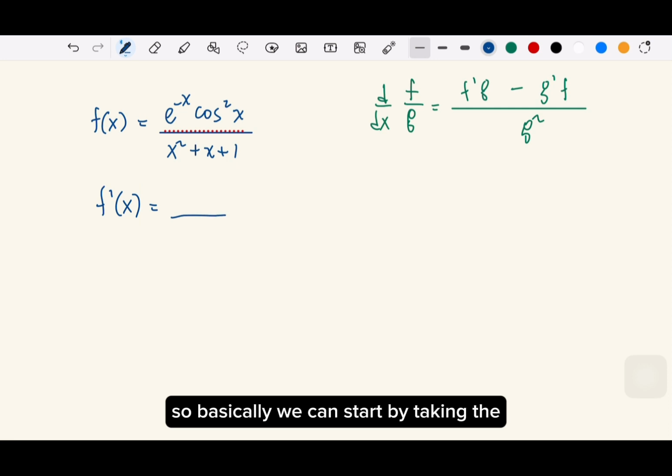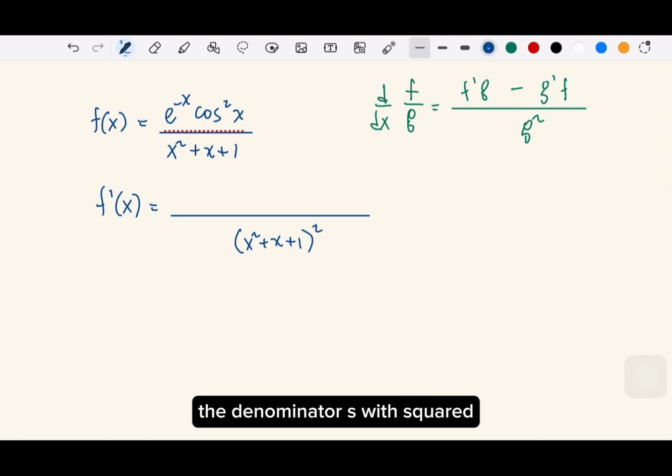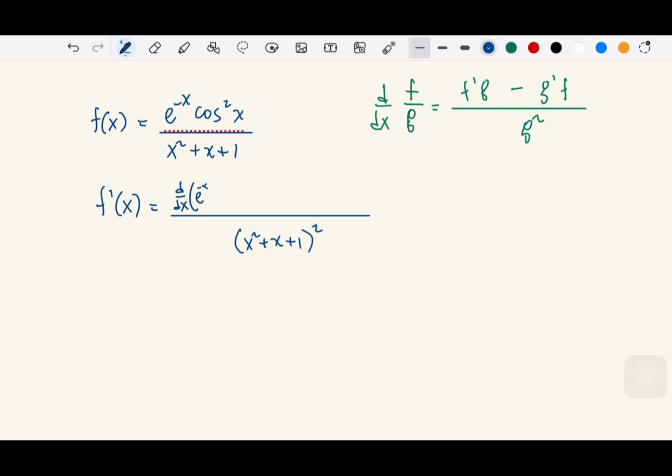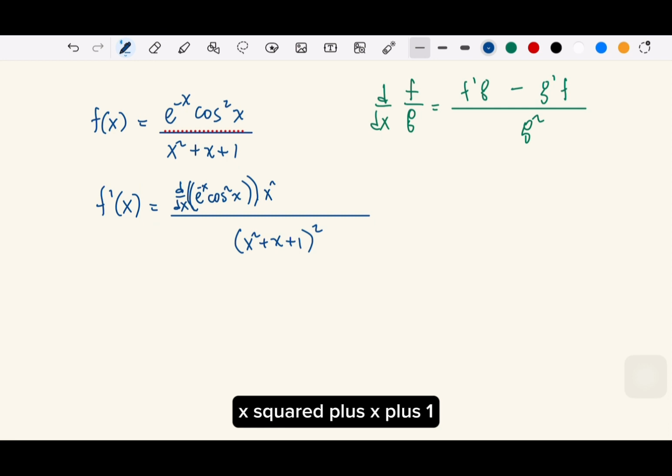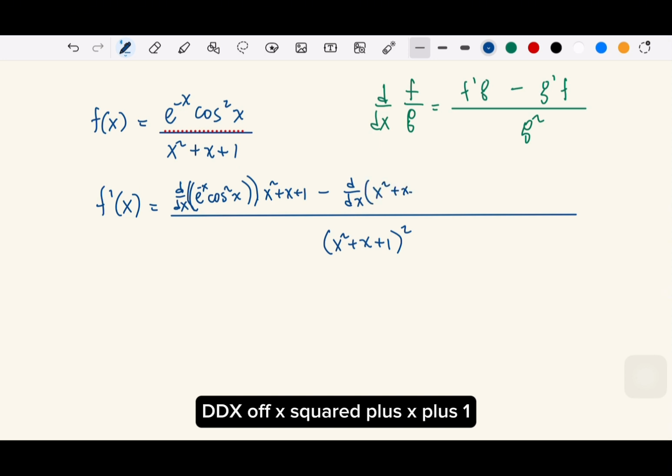So we start by taking the denominator squared, then the derivative of the e term multiplied with x squared plus x plus 1, and then minus the derivative of x squared plus x plus 1 multiplied with e.